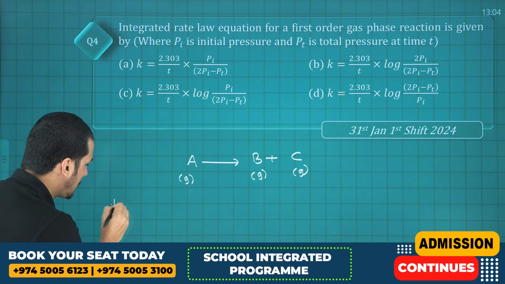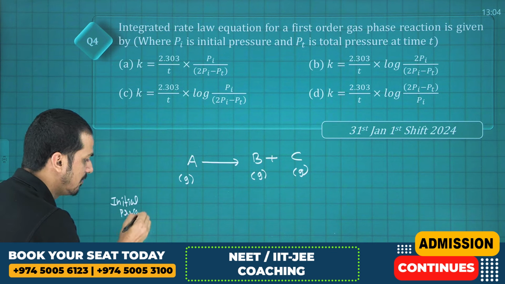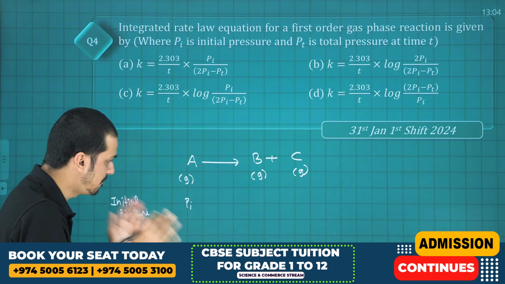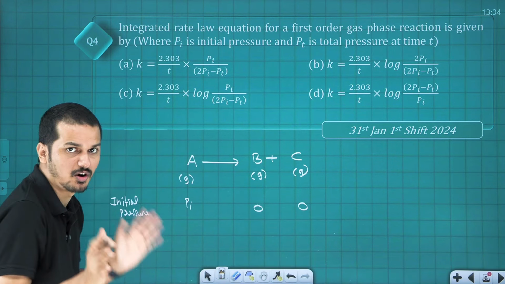Initial pressure of A is Pi, and B is 0, C is 0. At that time B and C are not forming.